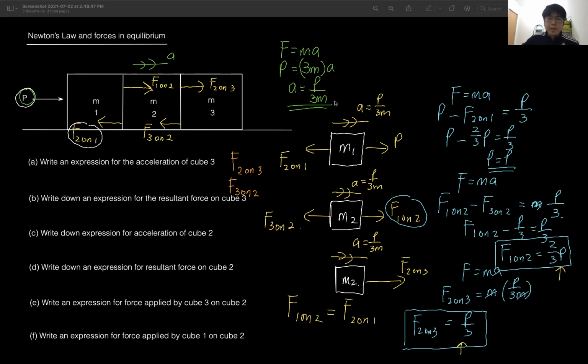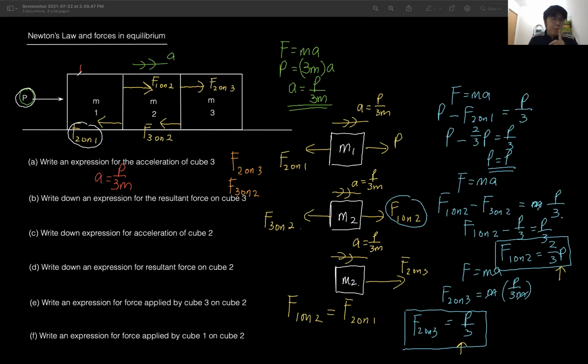Okay, so here, A, write an expression for the acceleration of cube 3. What is the acceleration of cube 3? Same, right, for all objects. So the acceleration is equals to P over 3m. B, write down an expression for the resultant force on cube 3.